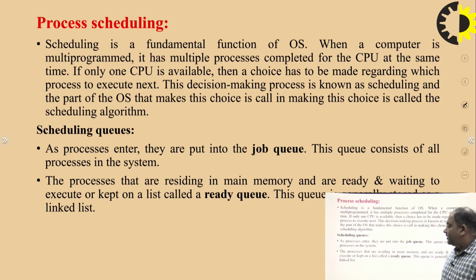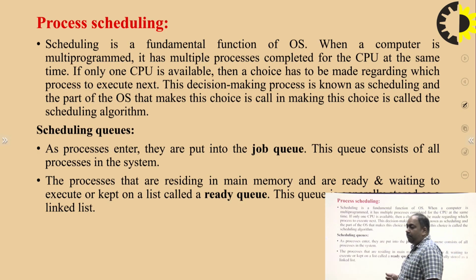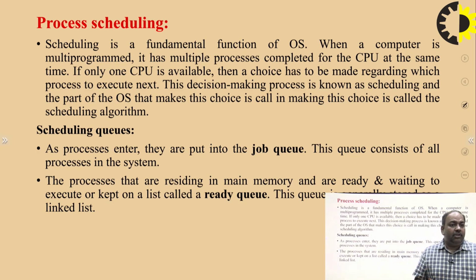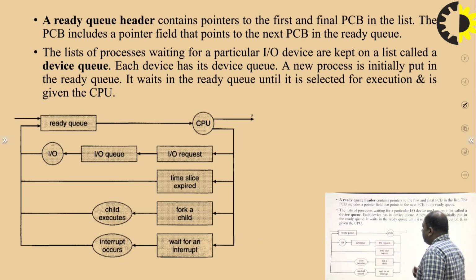So it consists of scheduling queues. As processes enter, they are put into the job queue, and all those processes which are in the system get executed according to the job queue, and after the job queue, they come into the ready queue. Okay. From the job queue, they come into the ready queue. From the ready queue, they go to the CPU.